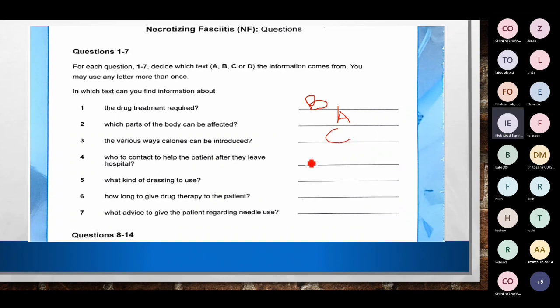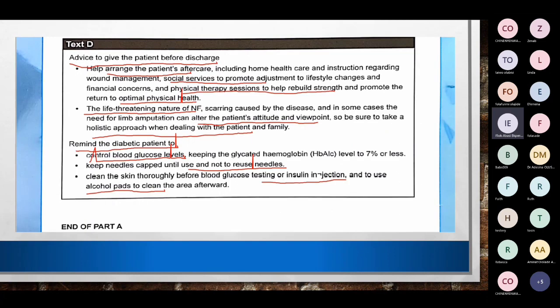C, right? Number 4 talks about who to contact to help the patient after they leave the hospital. So which of the texts talks about aftercare and discharge? After they leave the hospital, you must be able to paraphrase these words in your head so that you can be fast about it.